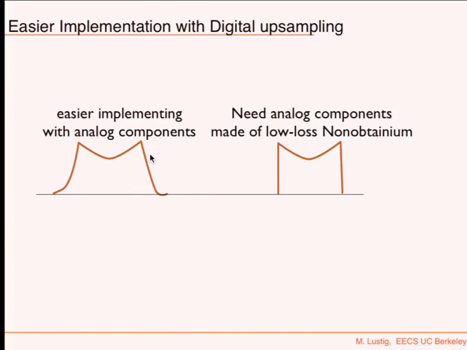So again, in the reconstruction process, I can use upsampling in the digital domain and then use a faster DAC. That's a trade-off again that can produce this zero order hold. Then use a low-pass filtering, which is made of maybe capacitors and some other components which are obtainium. All right?